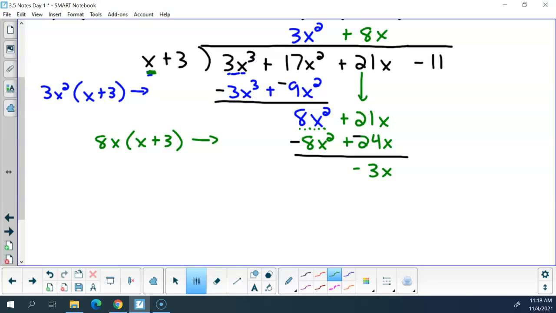What do we do next? Drop the 11. How do I make x be negative 3x? Multiplied by negative 3.